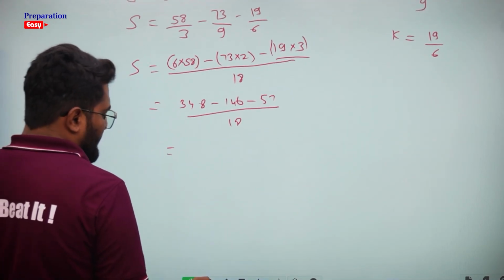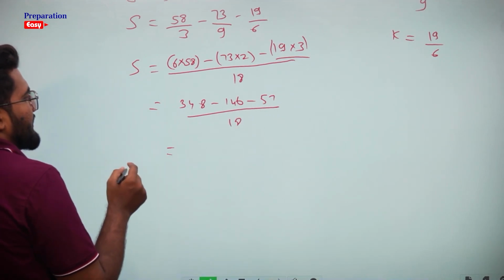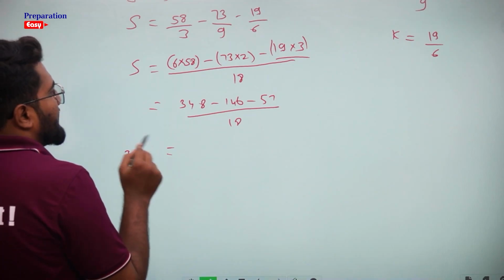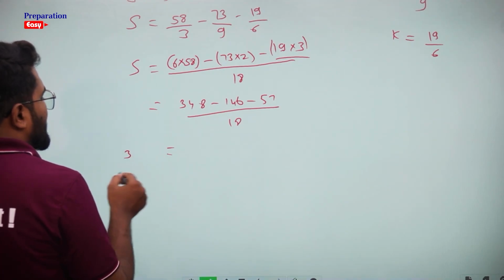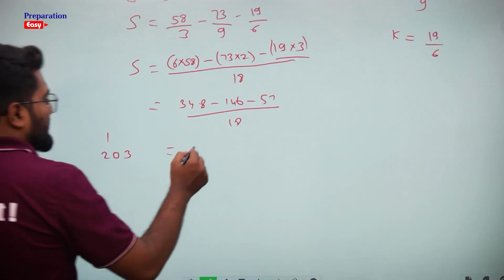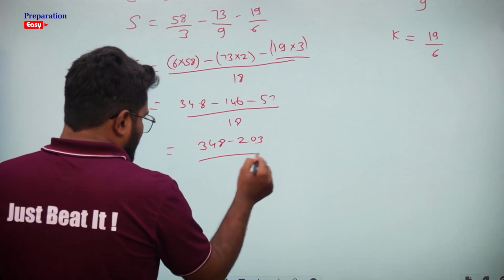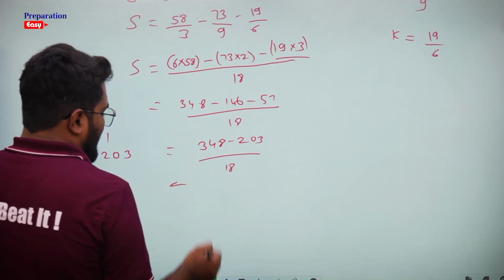So 7 plus 6, that is 13, 3 carry 1, 5 plus 1, 6 plus 4 is 10, 0 carry 1, 1 plus 1, 2. So 348 minus 203, divided by 18.